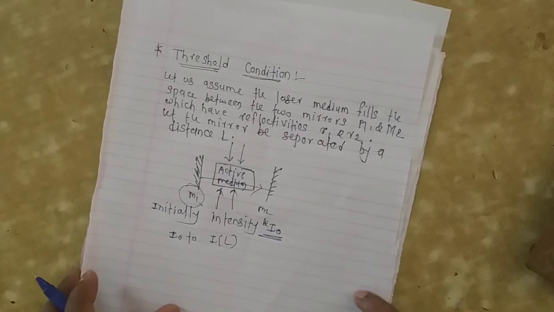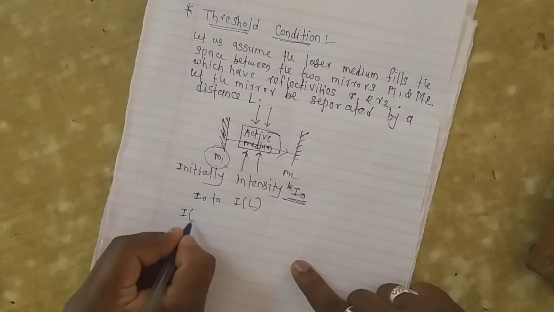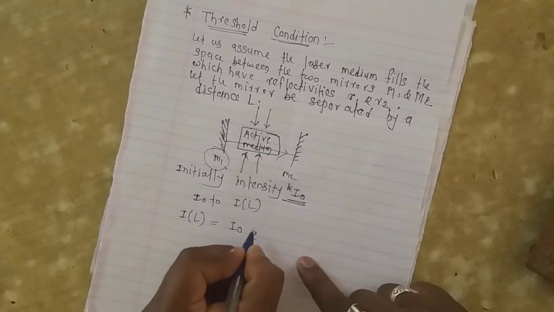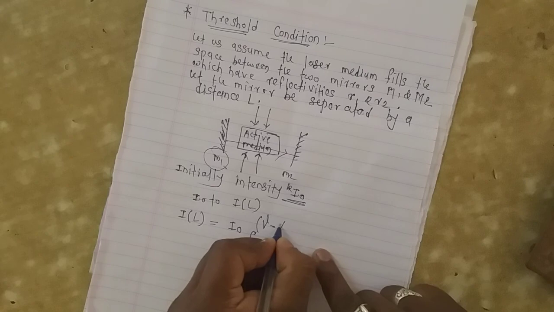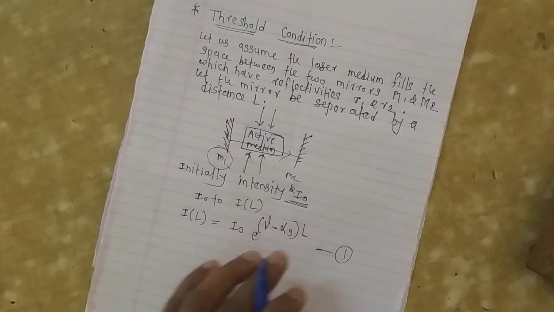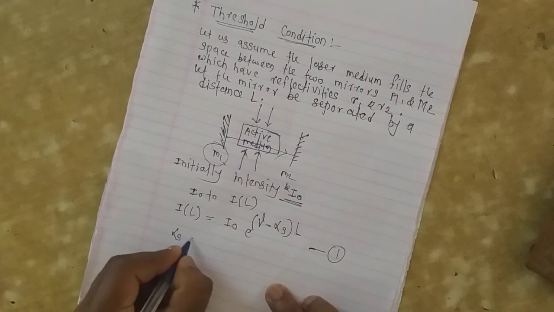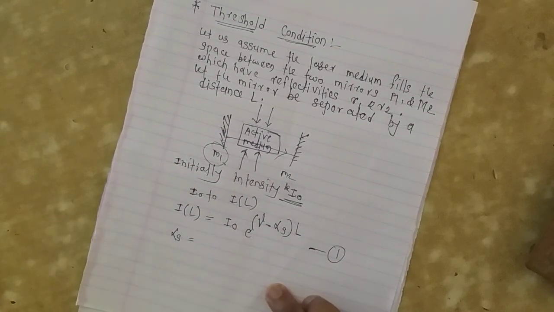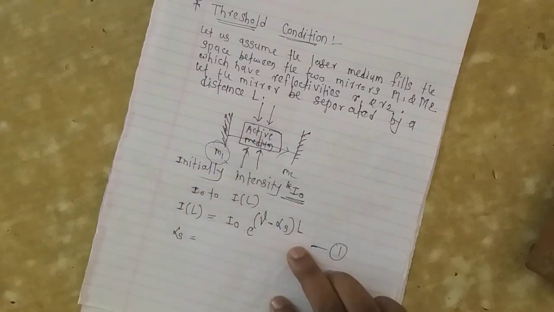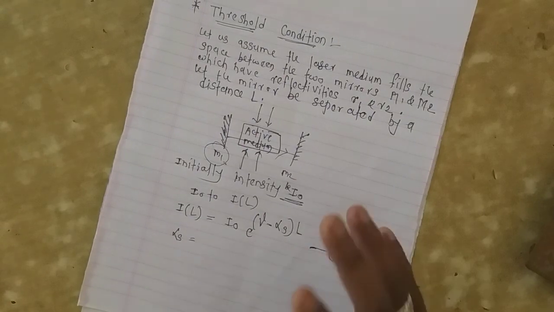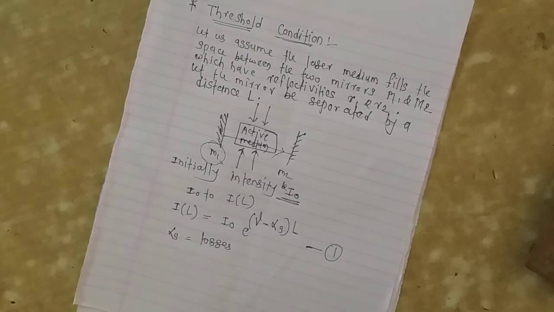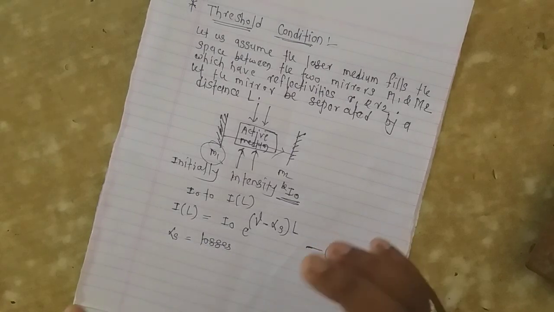The intensity is given by the equation I(L) = I0 e^((gamma minus alpha_s) L), equation number 1, where I0 is the initial intensity and alpha_s is the loss, mainly due to transmission, scattering, or diffraction within the medium.